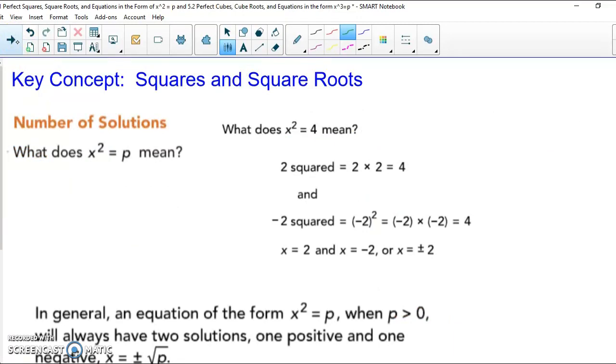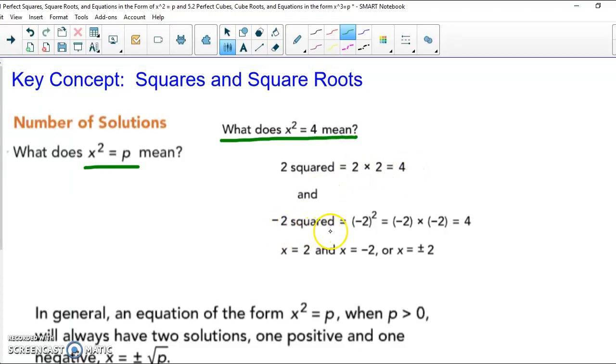And we'll talk about the equation x squared equals p. Basically, p is just going to stand for the square root of x. So when we say, what does x squared equals 4 mean? What we're saying is that 2 squared, which would be 2 times 2, equals 4.